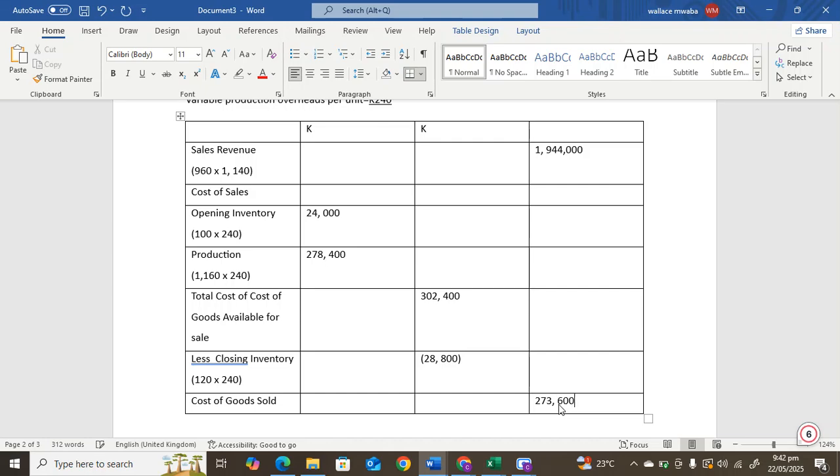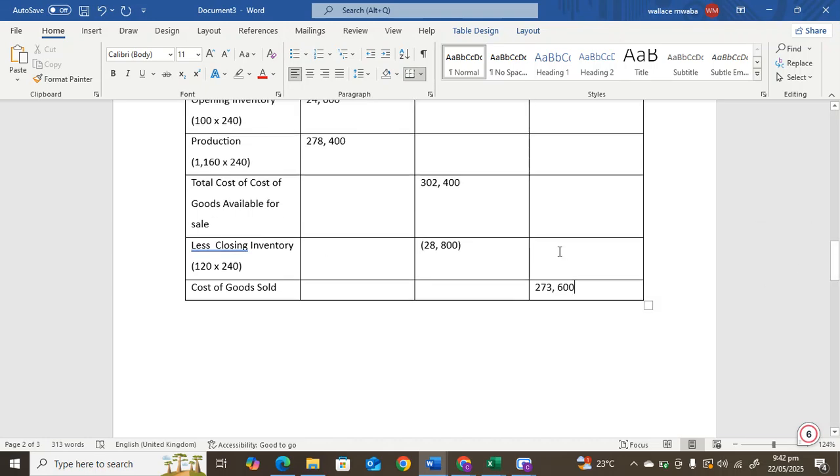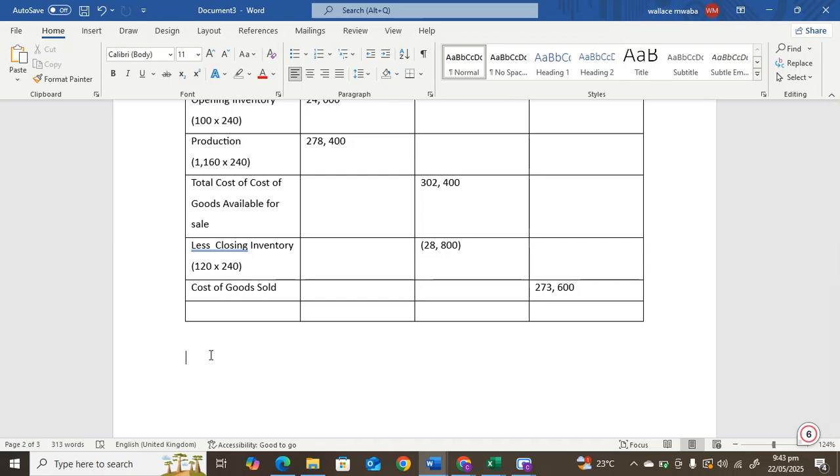Okay. So, as I said, in marginal costing, it's not called gross profit. It is called contribution. Contribution to cover fixed costs. So the formula is contribution equals sales minus your variable costs.